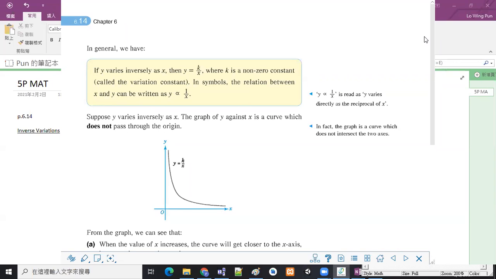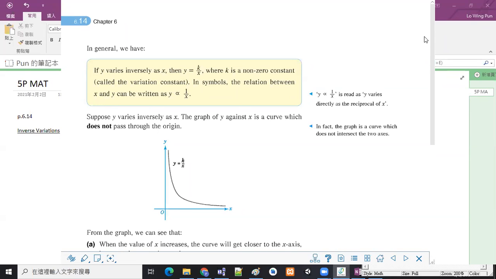When x decreases, then y will decrease accordingly. That is called the direct variation. So x increases, y will also increase with the same proportion, and if x decreases, then y will also decrease with the same proportion. And that is direct variation.